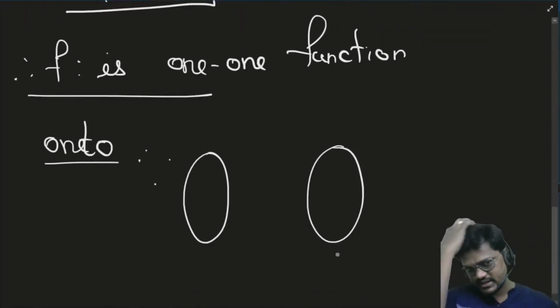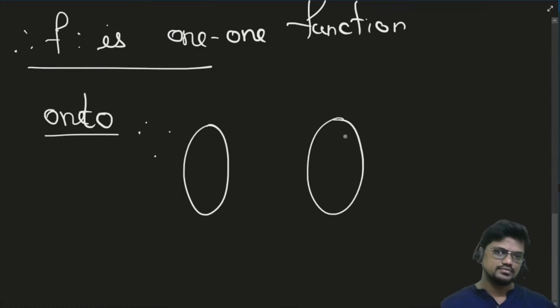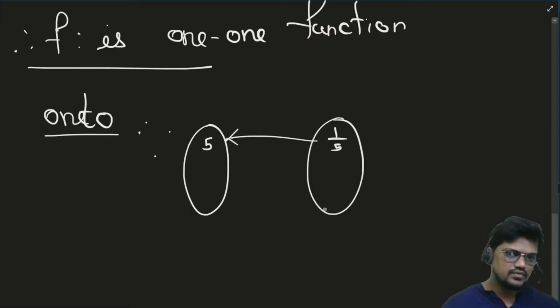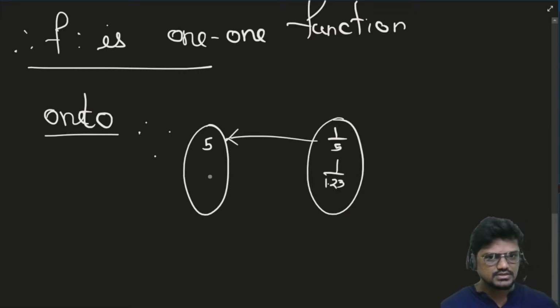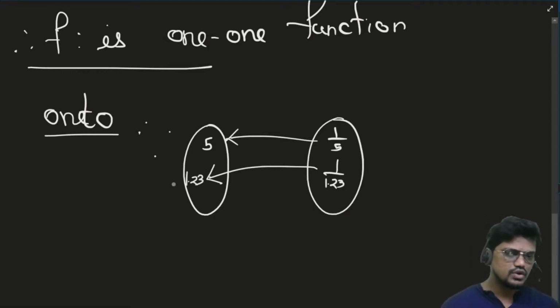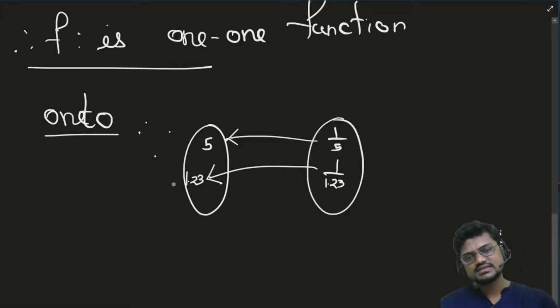If I enter any non-zero real number over here, suppose 1 upon 5, can I get a pre-image of this? Yes, it will be 5. If I write 1 upon 1.23, what will be the pre-image? 1.23. Simple.